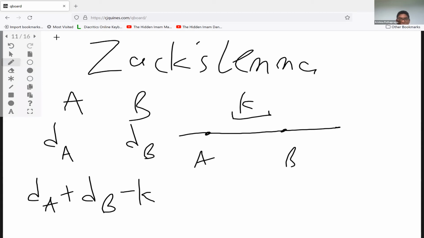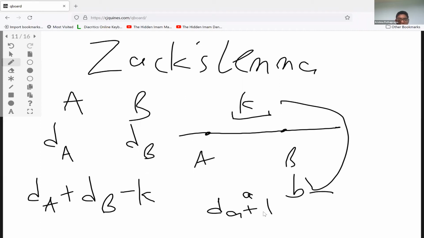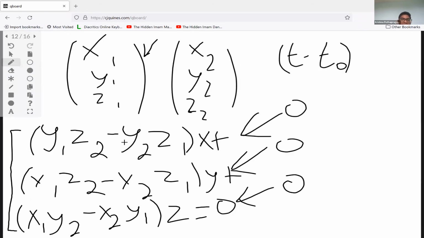So Zack's lemma: if we have two lines, A and B, then very similarly to Zack's lemma for points, Zack's lemma for lines gives dA plus dB minus K. And the proof is exactly the same as this.